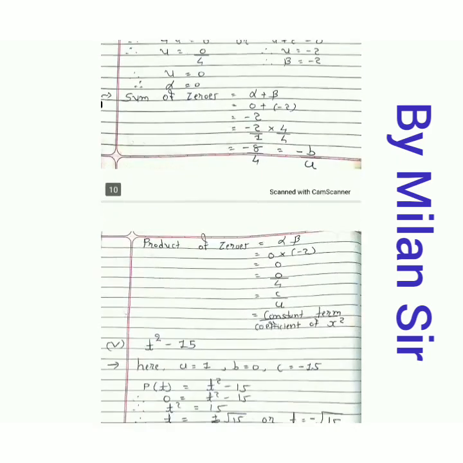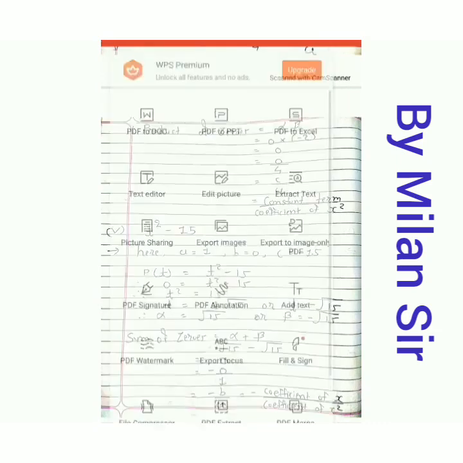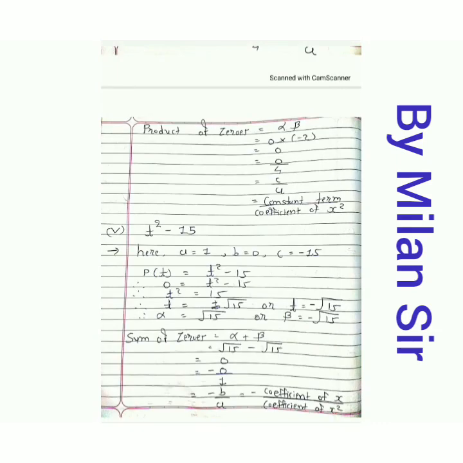Okay, then the product of zeros. Product of zeros means alpha multiply beta, alpha into beta. Value of alpha is equal to 0, beta is minus 2, so 0 multiply minus 2 is equal to 0. Then write down 0 and skip the next step and directly write down c by a and put the value of c and a.